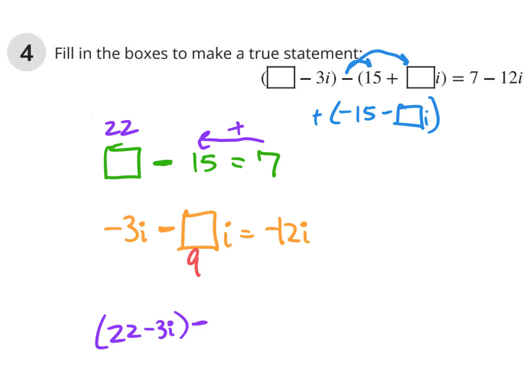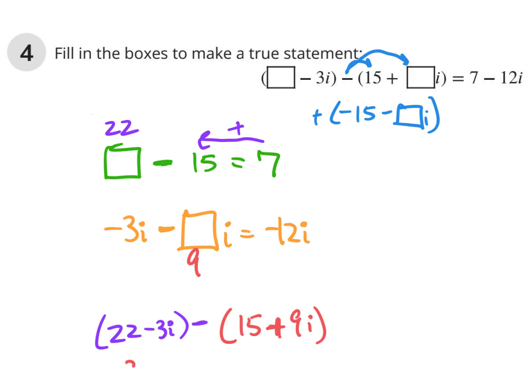So that makes the second one 15 plus negative 9i, which is minus 9i. No, that's plus because the negative is outside. I'm sorry, we've got to change the sign because the negative is outside.